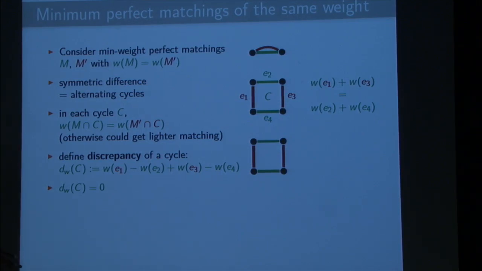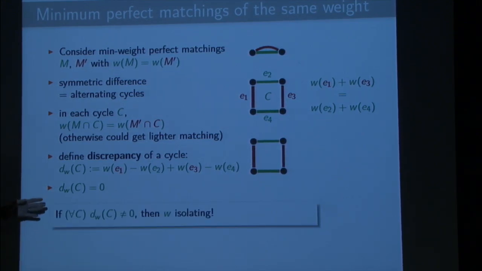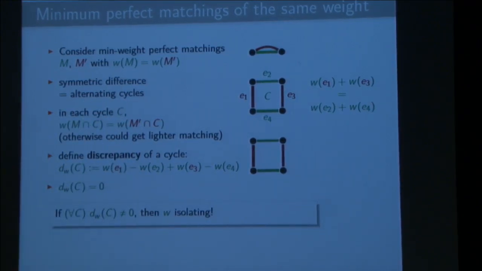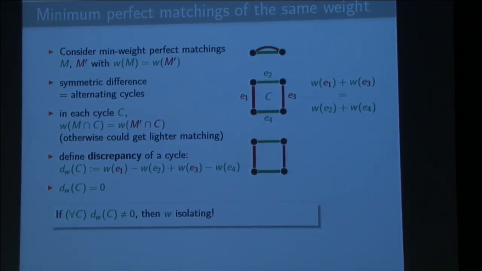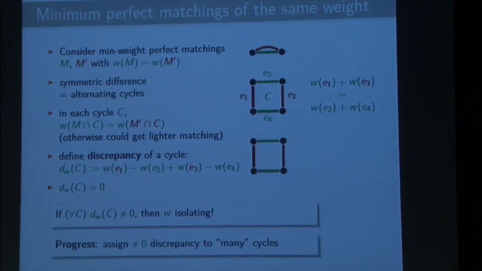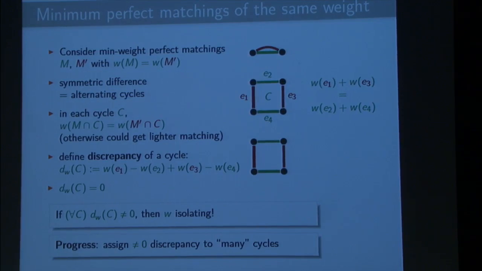In order to find an isolating weight function, a sufficient criterion would be to assign non-zero weight discrepancy. Find a weight function W so that all the cycles have non-zero discrepancy. Because this shows that if I have two matchings of minimum weight, there must be a cycle with 0 discrepancy. If no such cycle exists, I will be fine. Okay, so progress.